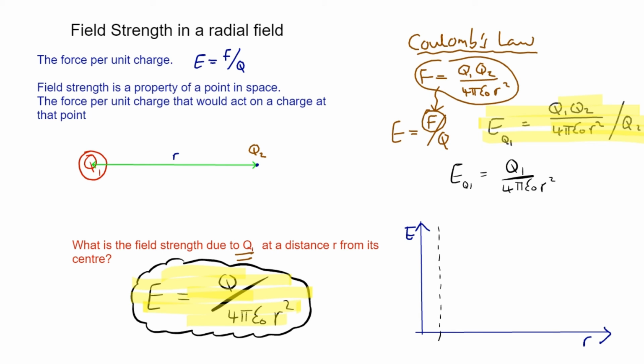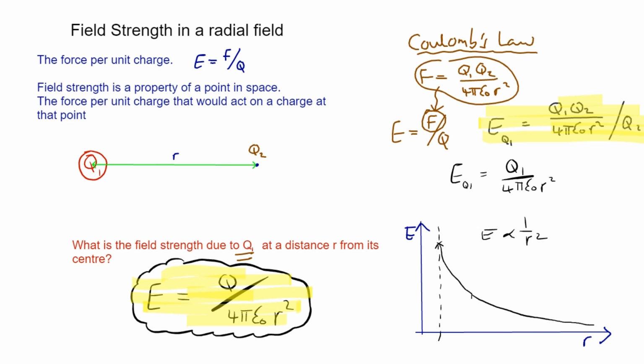We're only interested in the electric field that occurs outside of the sphere, from the surface outwards. So we're going to start at some position, and we're looking for a graph showing that E is proportional to 1 over r squared, and if you think of y equals 1 over x squared, hopefully you can see it's going to be some kind of shape like that.